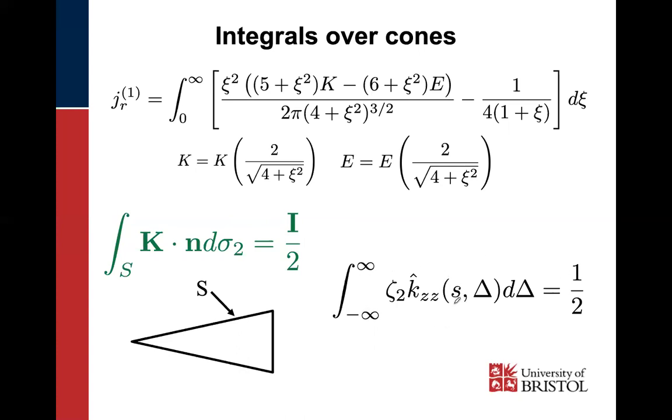And this is true to all orders of S. So if I expand this integral here, I get a whole hierarchy of exact identities, all involving these logarithmic integrals. And by using linear combinations of these exact identities, I can actually cook up something which is exactly my integral, and this is what allows me to do the integral. Okay.